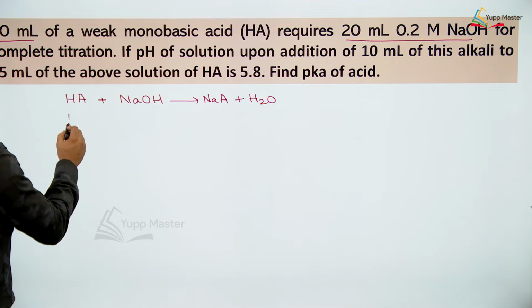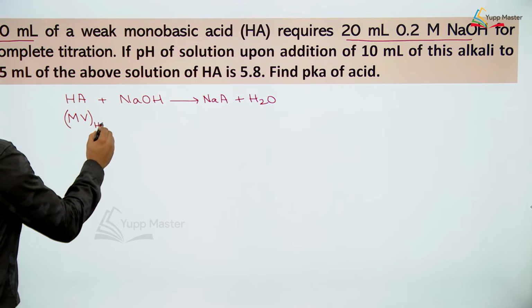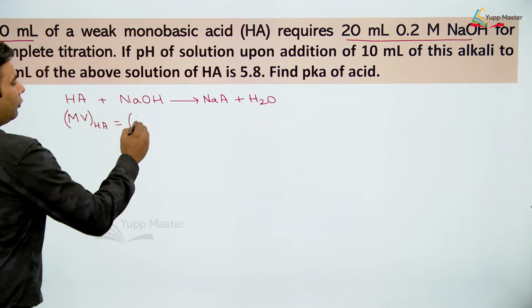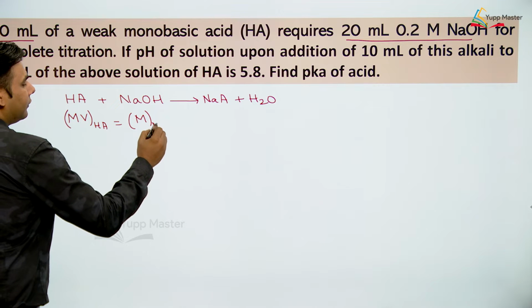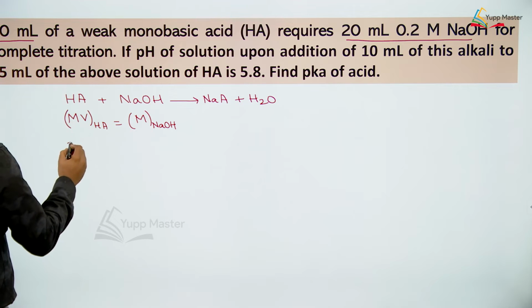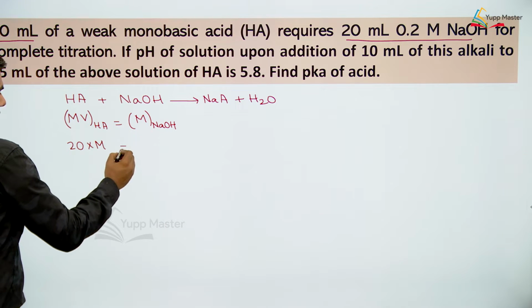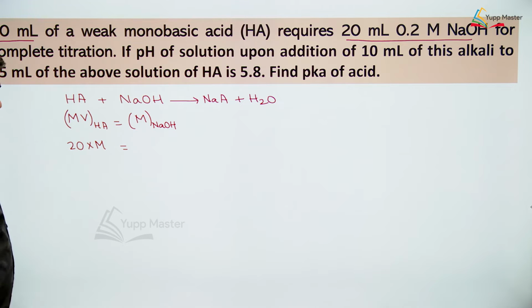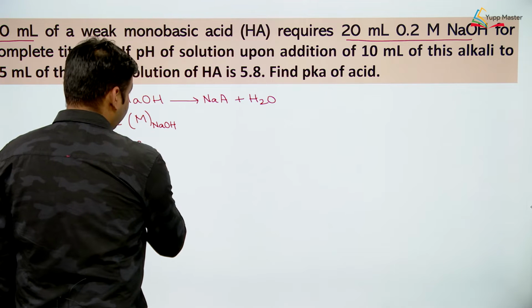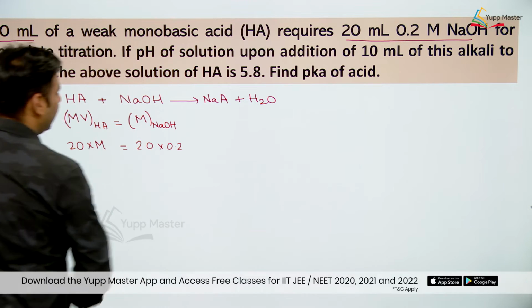So we can say that molarity into volume of HA should be equal to molarity into volume of NaOH, right? So the molarity we can calculate for HA, so this is 20 into M because the volume is in ml. So this is basically millimoles of HA, 20 into 0.2, so this will be the millimoles of NaOH.